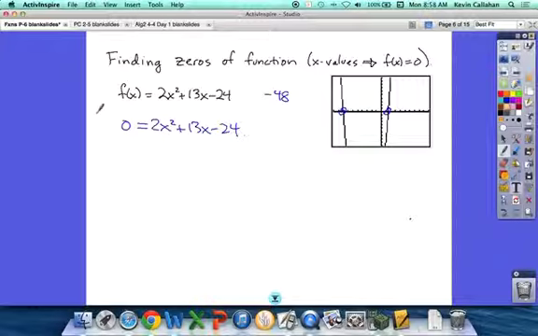And the answer is you can. Positive 16, negative 3. So we would go 0 equals, and we'd split up the middle term using those numbers.